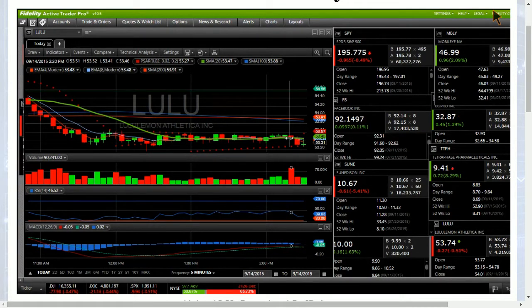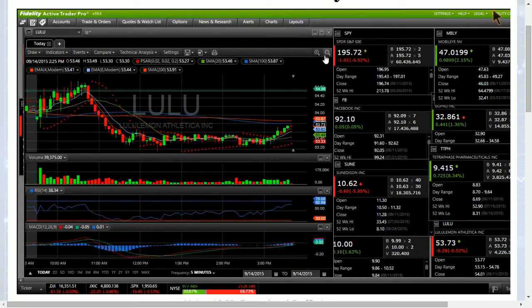Lost the 20-period moving average support, set a lower low than any low seen in the previous couple of hours, and an extremely bearish looking chart. Then a lot more indecision for the next 45 minutes before finally breaking to the bullish side.